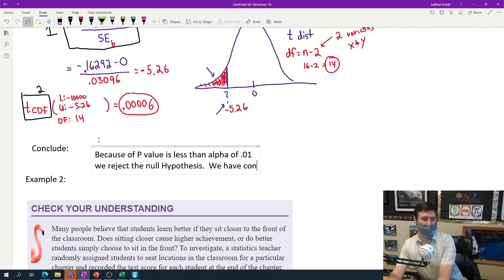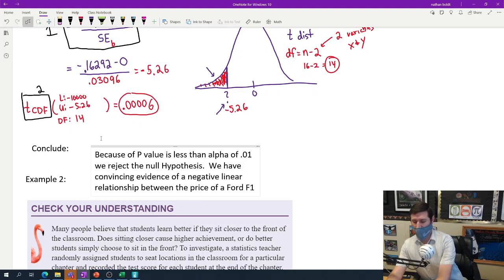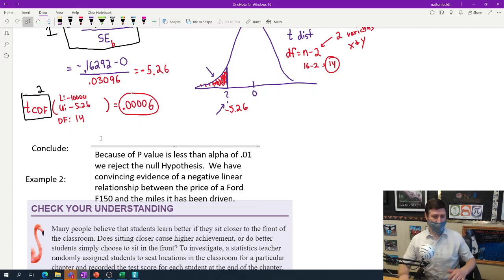We have convincing evidence of a negative linear relationship between the price of a Ford F-150 and the miles it has been driven. There we go.